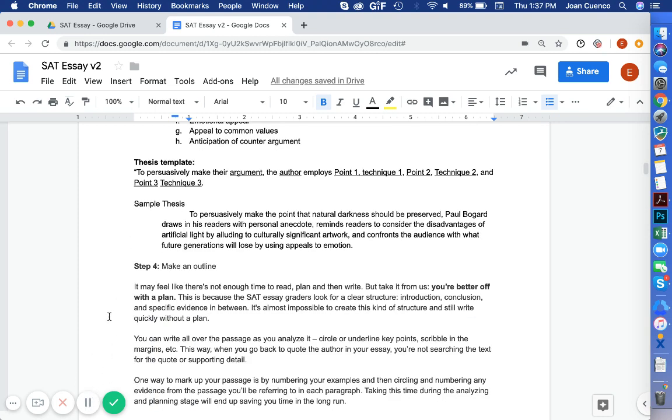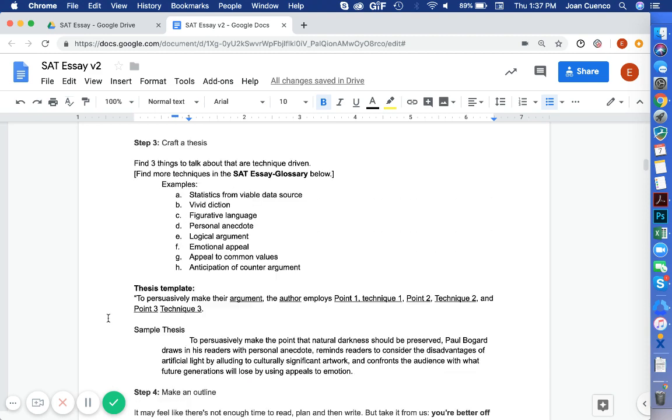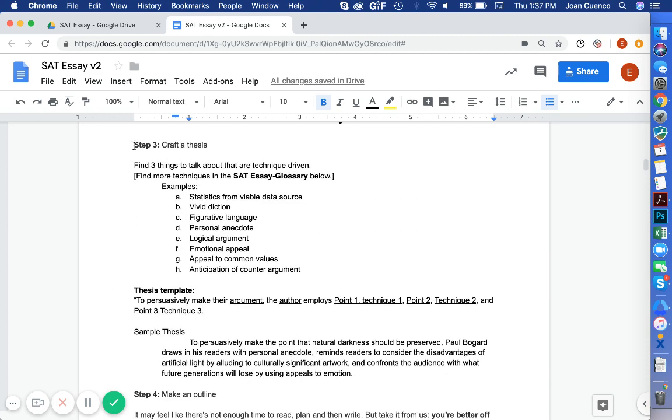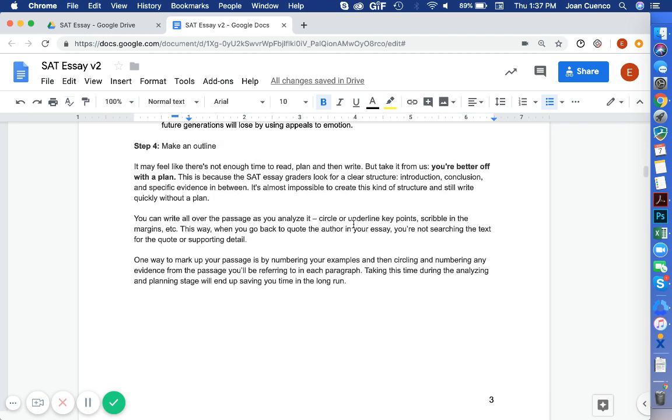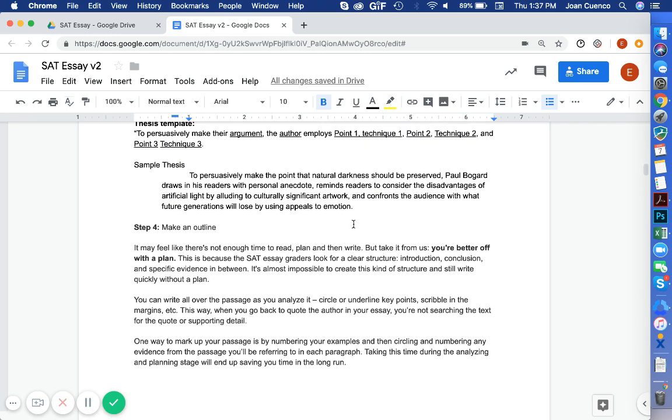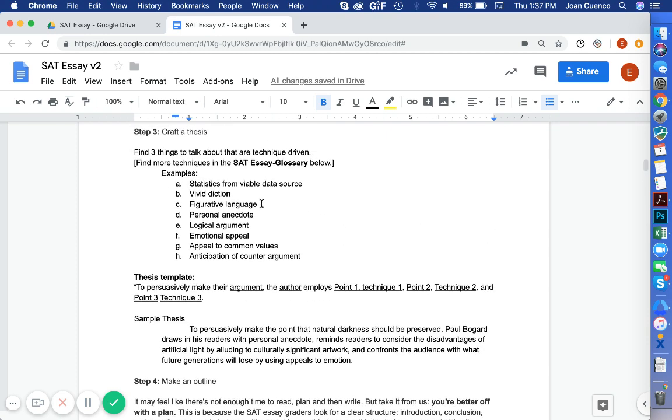All right, how to write a thesis. The thesis template is in step 3, craft a thesis. That is found on page 3 of the essay packet. So, like I said before, you'll find your 3 main techniques you'd like to discuss in the essay. And then here are some examples just to jog your memory.